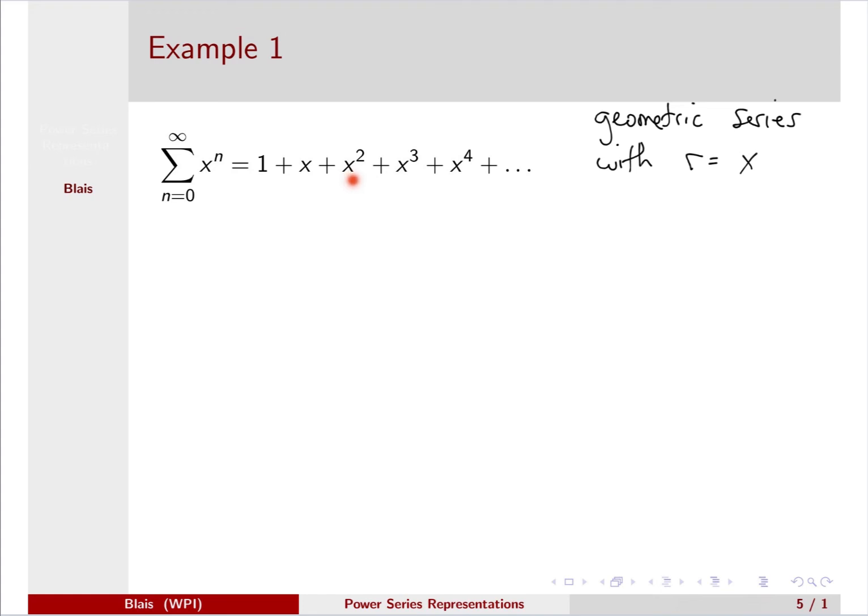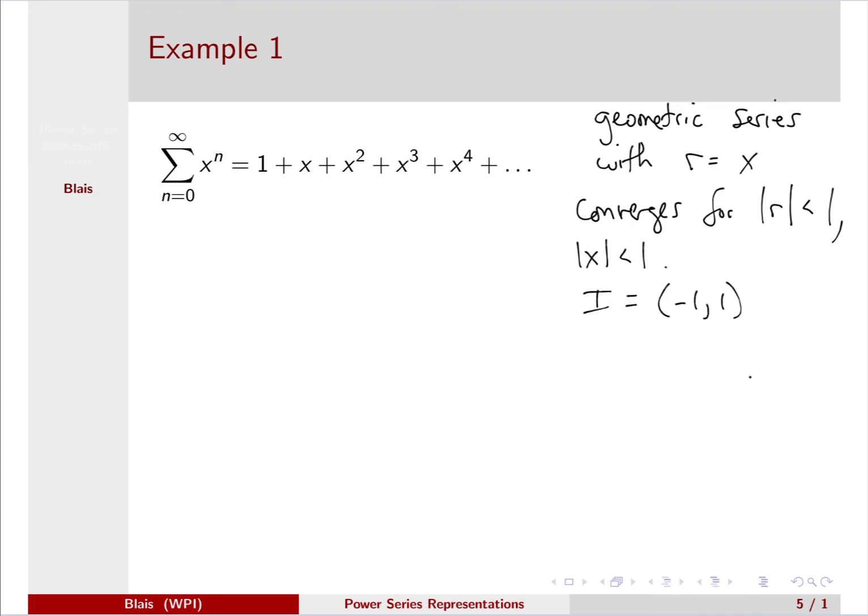And we see each term is x times the prior term. So, we know that a geometric series converges when the absolute value of r is smaller than 1. In this case, when the absolute value of x is less than 1. So our interval of convergence in this case is the open interval minus 1, 1.